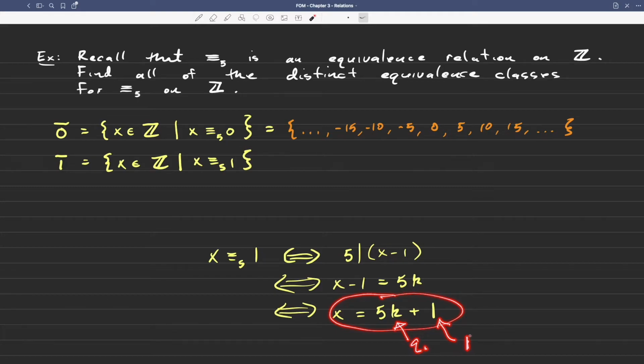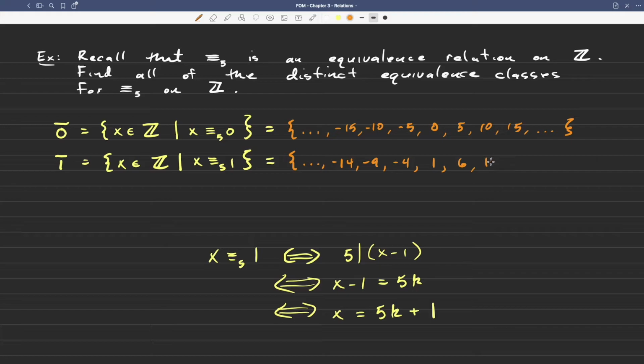So all I need to do to write down this equivalence class is write down all the integers that have a remainder of 1 when you divide by 5. If you just take all the multiples of 5 and add 1, you're going to get those numbers that have a remainder of 1. So I'd get negative 14, negative 9, negative 4, positive 1, positive 6, positive 11, positive 16, and so on.